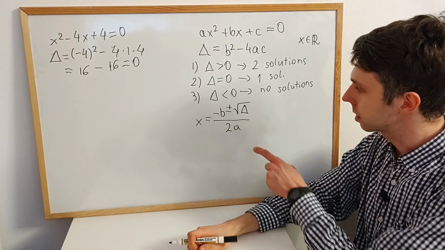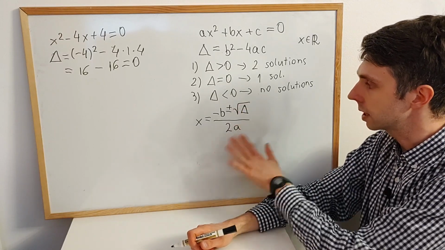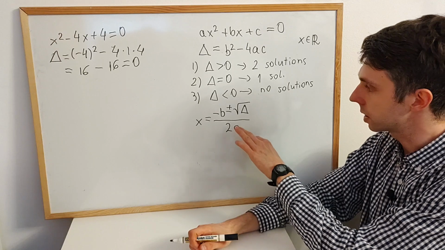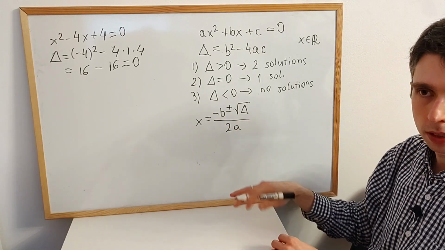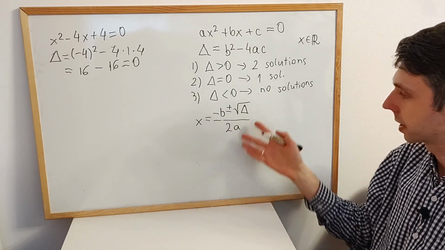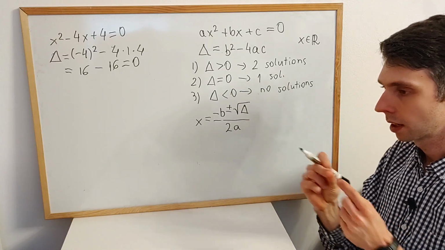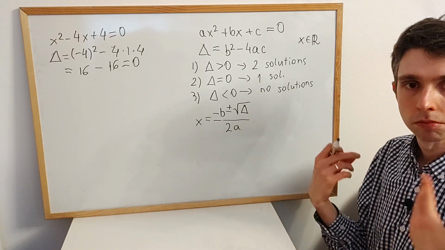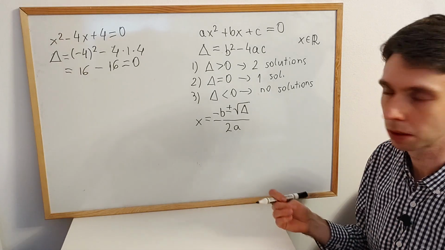So it doesn't matter if I add or subtract 0, it gives the same result, right? Minus b minus 0 is minus b, and minus b plus 0 is also minus b. So these two solutions become only one, a single one.